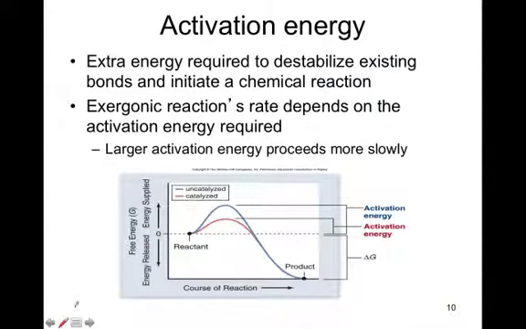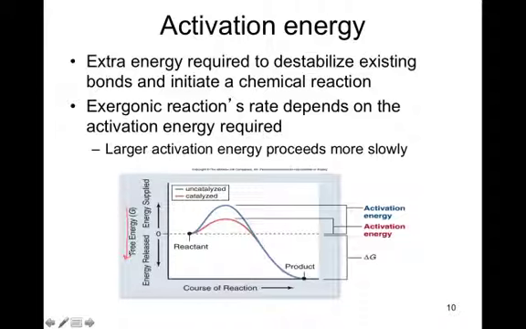So even if a reaction is a downhill reaction, that is exergonic, where the reactants have more energy than the products, where the delta G is negative, we still have to get over a hump in order for that reaction to start. Let's say we're thinking about the potential energy of a ball sitting up on top of a hill.